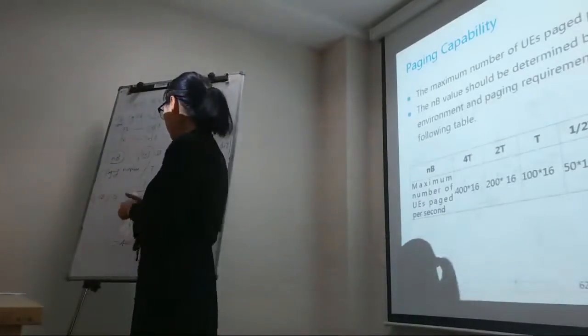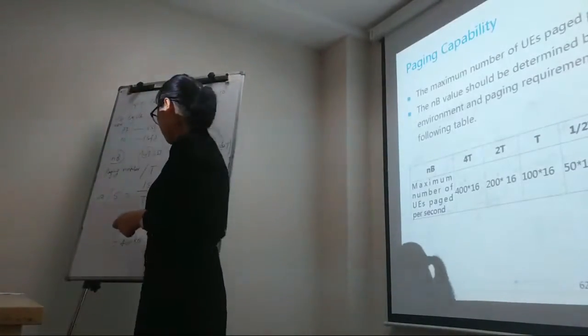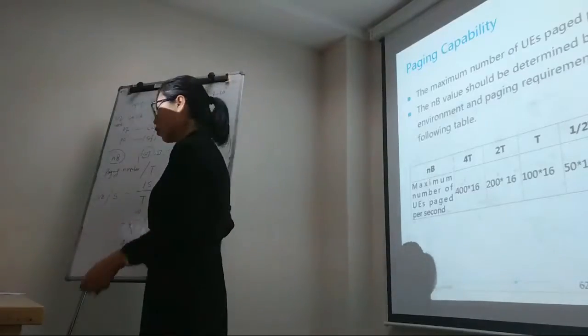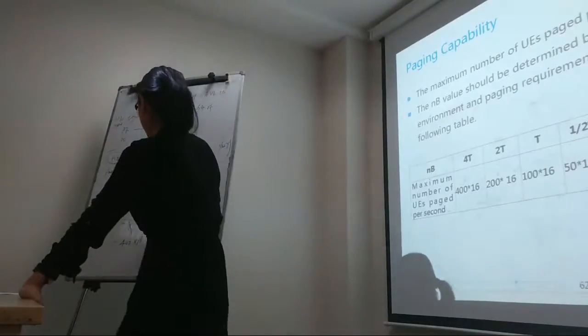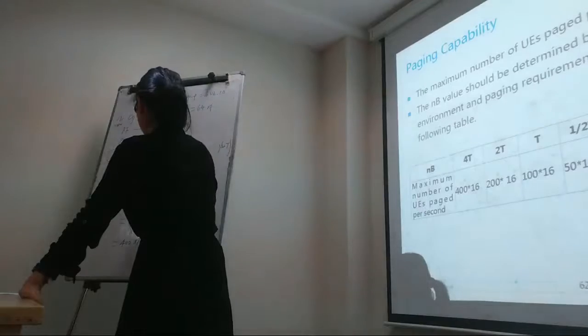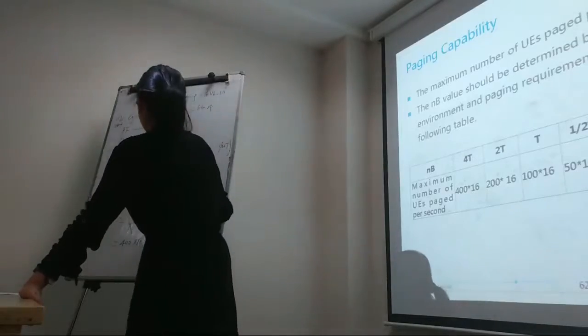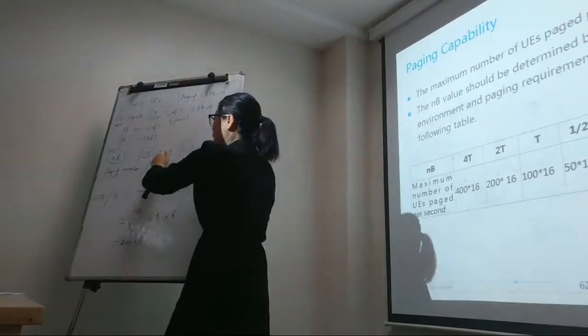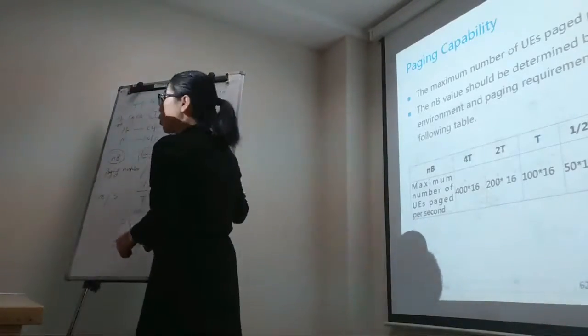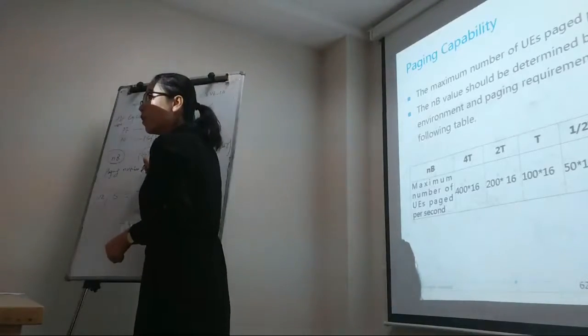This is actually the result for capacity. So if we change this formula, for 1 second, this value is 100. For NB, we do not use the total NB value, we just use the coefficient of NB.